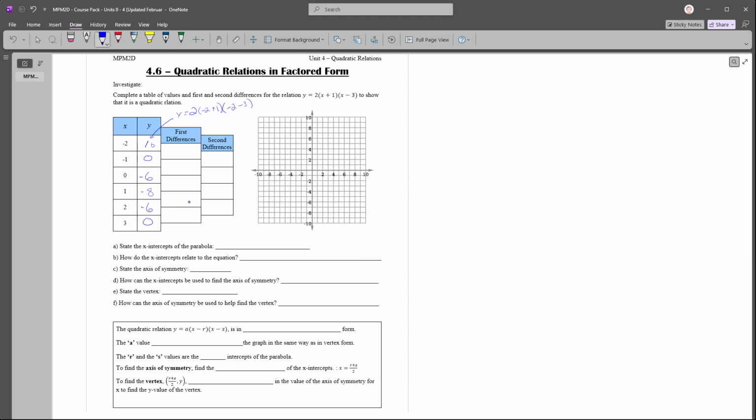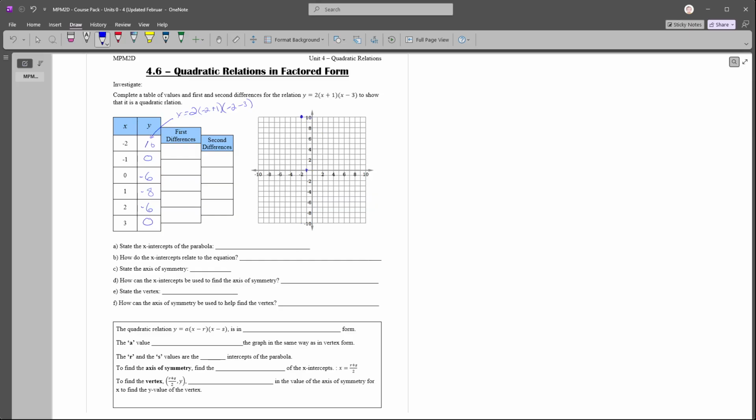All right, so we can graph this in, and then we'll fill out our first and second differences to try and figure out what is going on here. So we have negative 2 and 10. Negative 2 all the way down here at, all the way up here at 10. Negative 1 at 0.